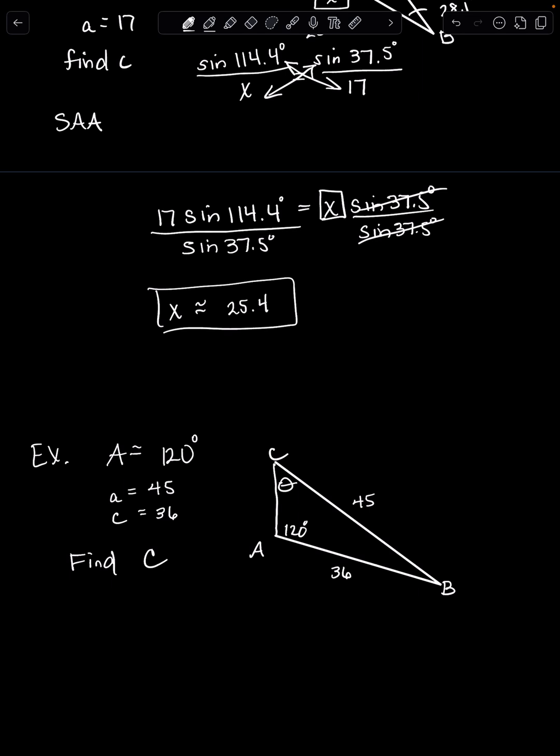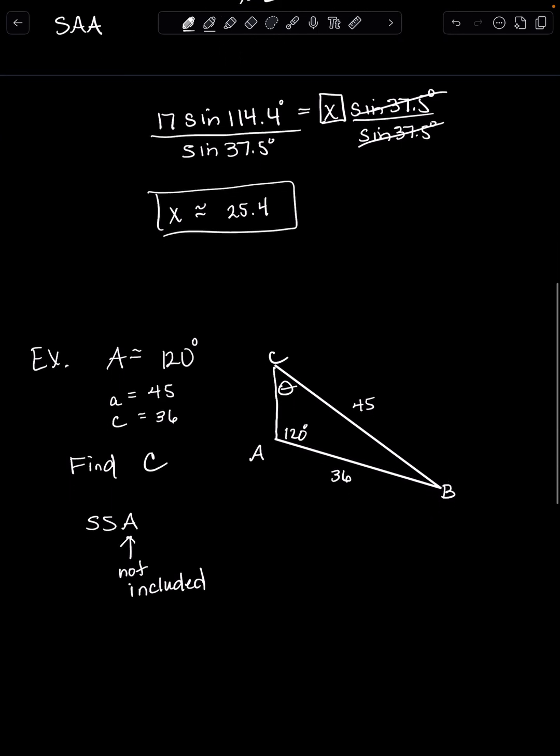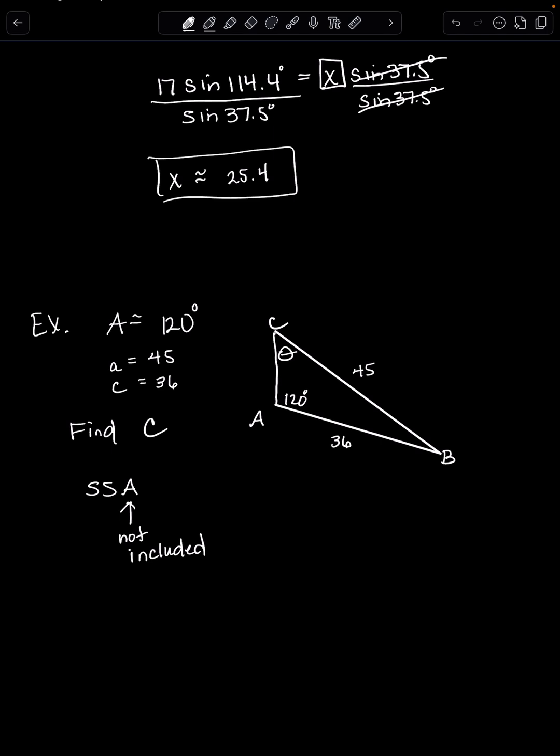All right, so let's talk about what we were given. We were given two sides, and we were given an angle, and that angle is not included. If the angle is not included, I'm using the law of sines. I'm going to use the law of sines in order to solve for theta.